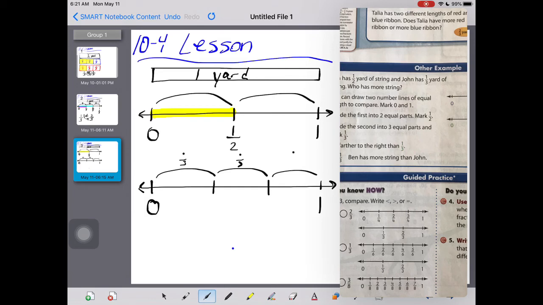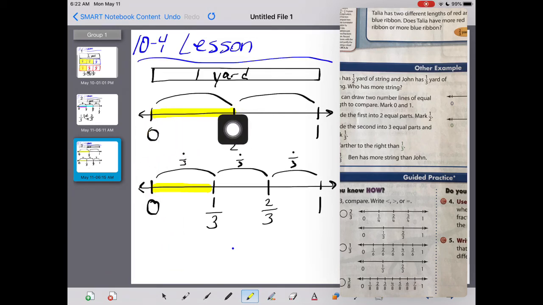You got another part, that's another 1/3, and another part, that's another 1/3. It's hard to see that, huh? So let's go 1 part, that's 1/3. Now if we go 1, 2 of these thirds, now we got 2/3. And then we go 1, 2, 3 of those, we've got 3/3, or 1 whole yard. And John has 1/3. So there. Okay.